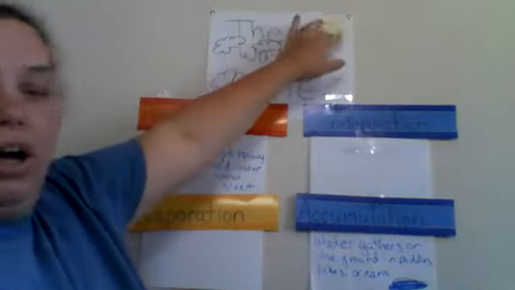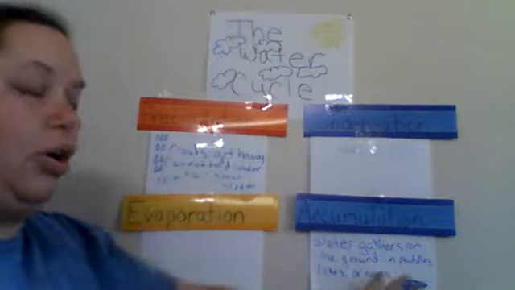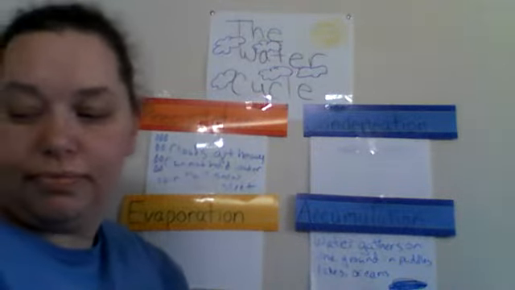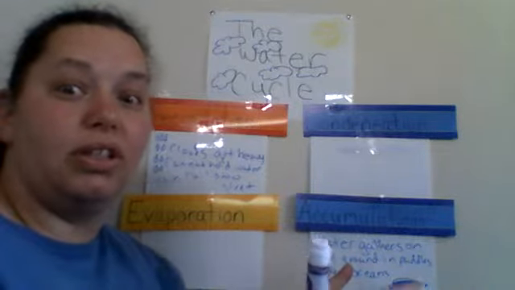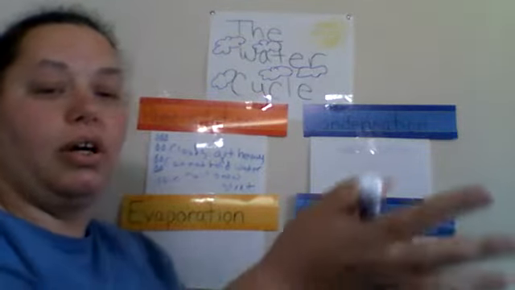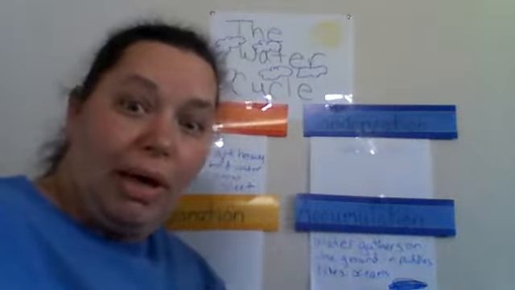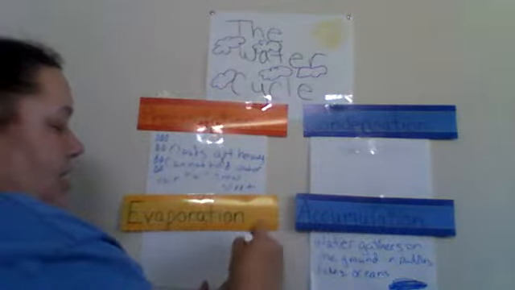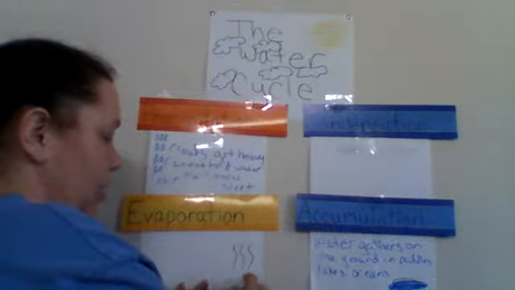Now, the sun, all big and bright and hot up here, heats up all the water down here, and then some of the water turns into steam. It goes up into the air and it makes clouds again. Imagine that. Okay, so we got steam, steam, steam. Oh my goodness, from our little puddles here.